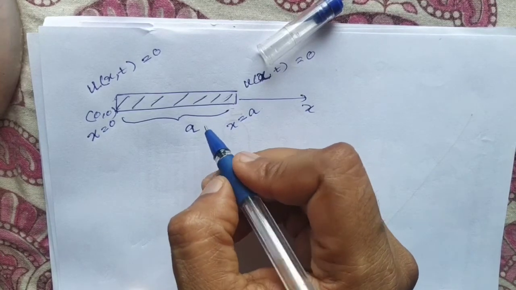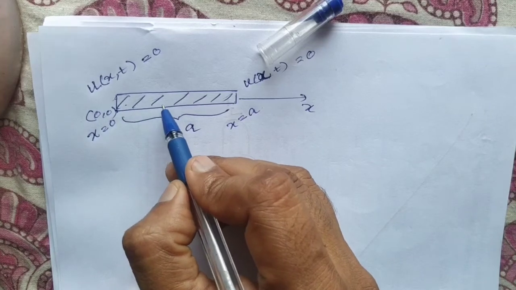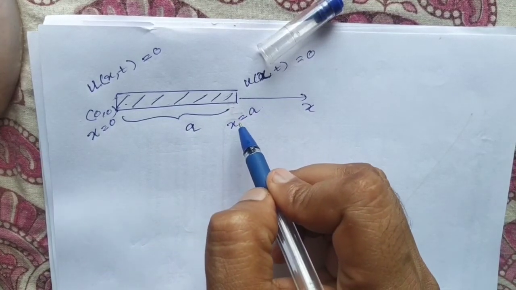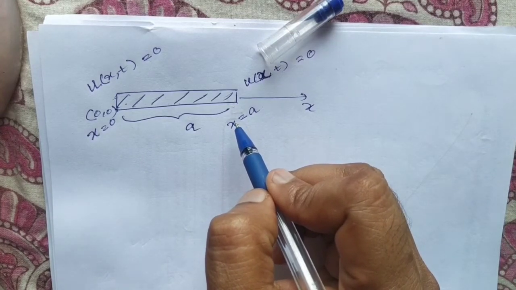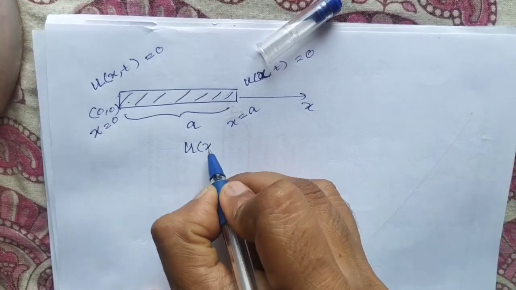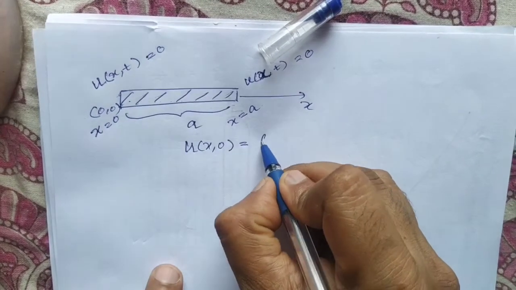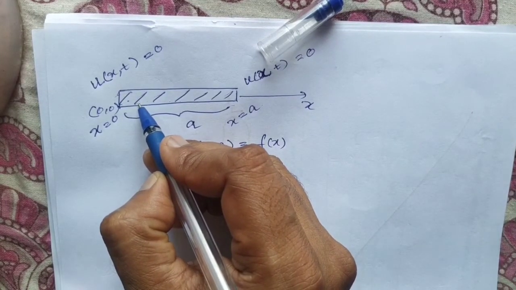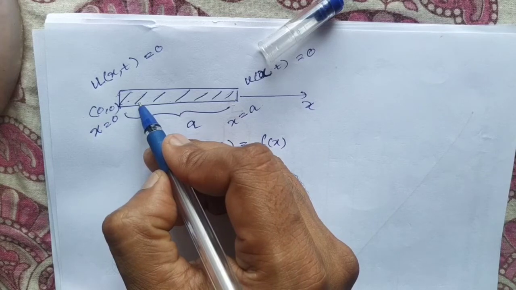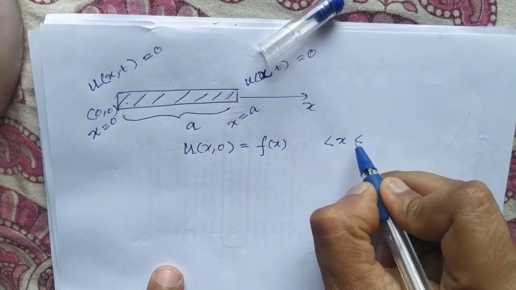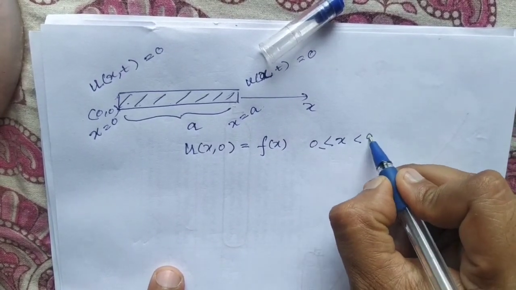So for every point from 0 to a, there should be some initial temperature, which I write as u(x, 0) is equal to f(x). Suppose you are at some particular x1, your initial temperature will be f(x1). Now x should lie from 0 to a.